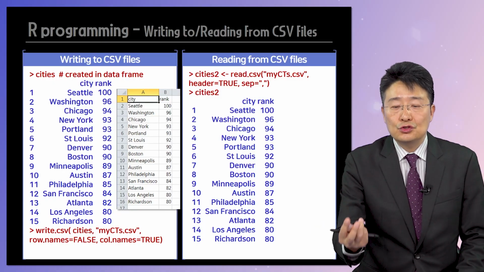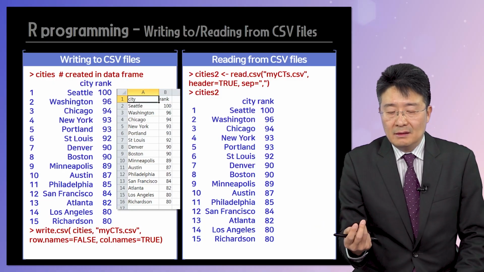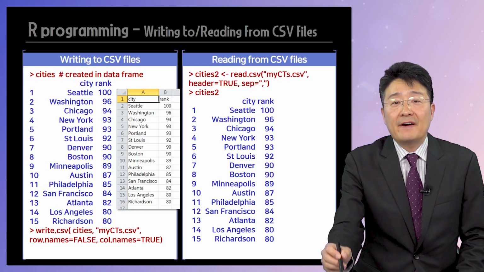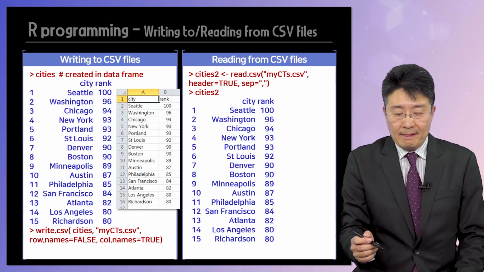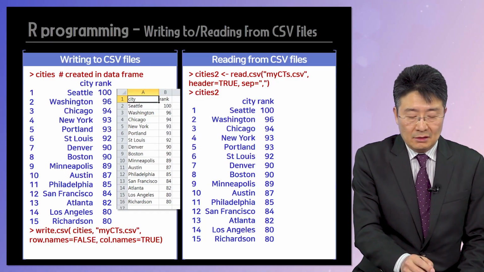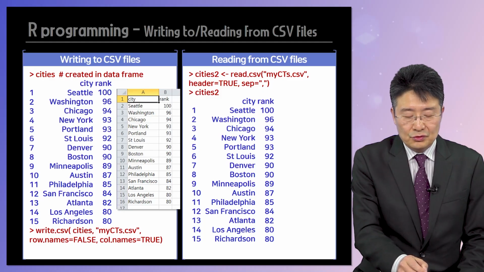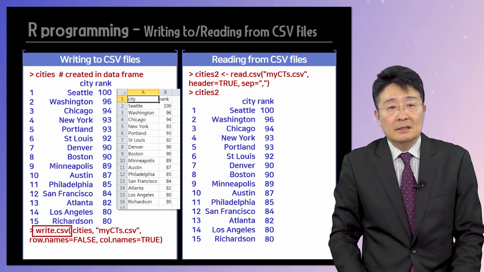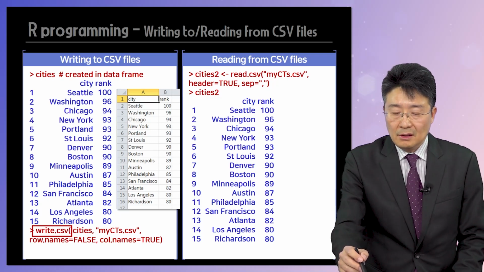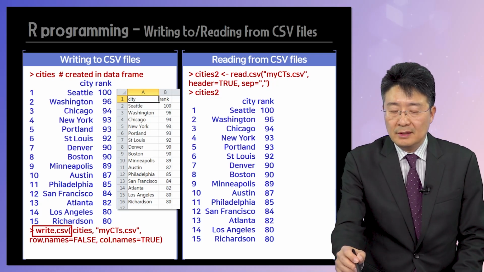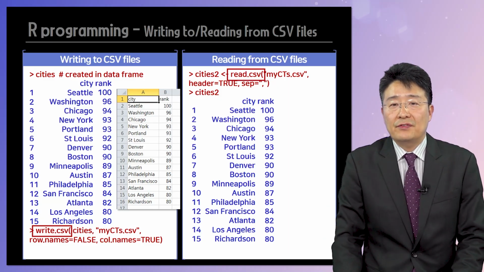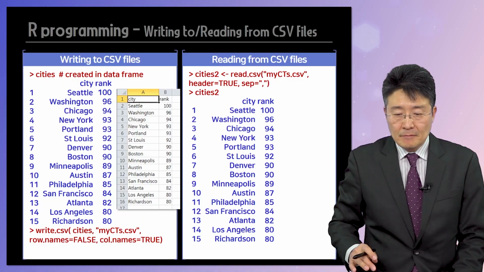Similarly, you should be able to read objects or data frames from CSV files. In writing a CSV file, you need to use the function write.csv. On the other hand, you can use read.csv in reading CSV files in Excel.